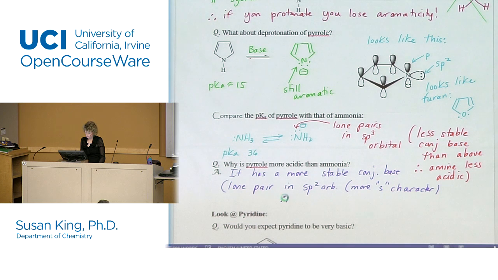Therefore, electrons are closer to the nucleus, and therefore held more tightly. Therefore, it's a more stable conjugate base. So all of these things are true.